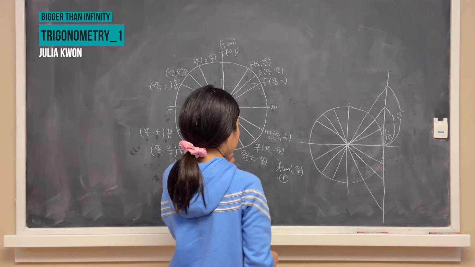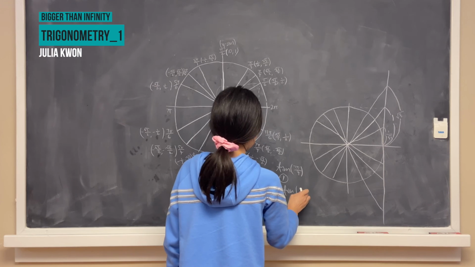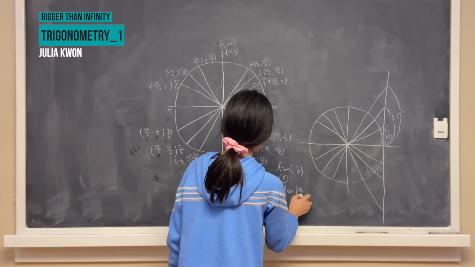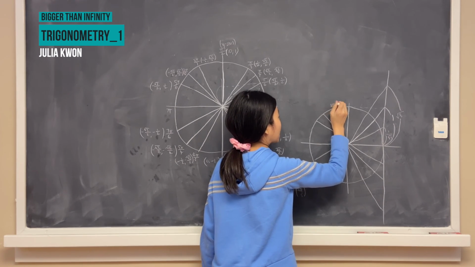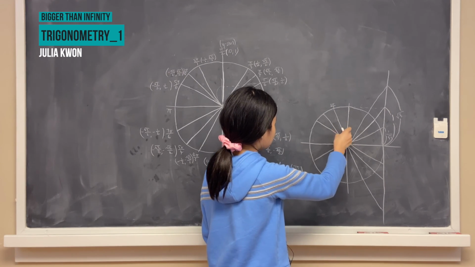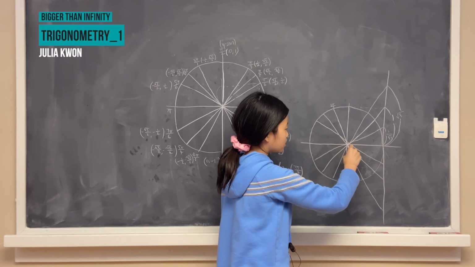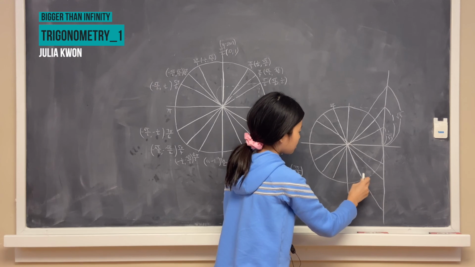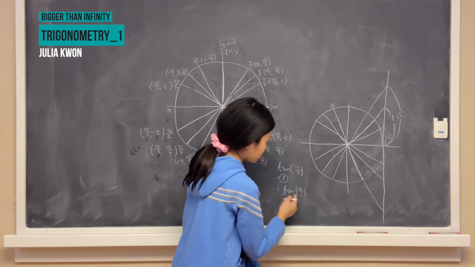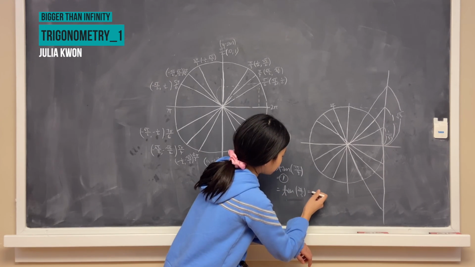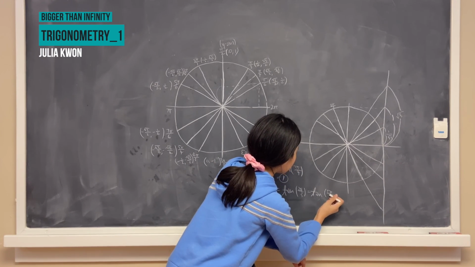But if we were to try to find the value of tangent 2 pi over 3, then this here is 2 pi over 3, obviously, and what we would do is just follow the line across, but this radian is 5 pi over 3, and so we would equate tangent 2 pi over 3 to tangent 5 pi over 3.